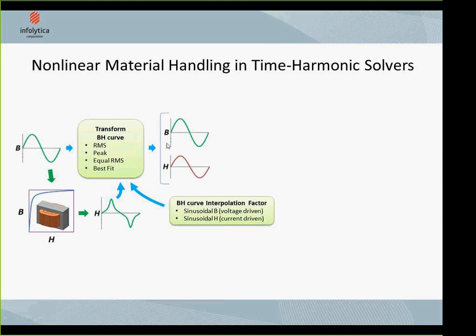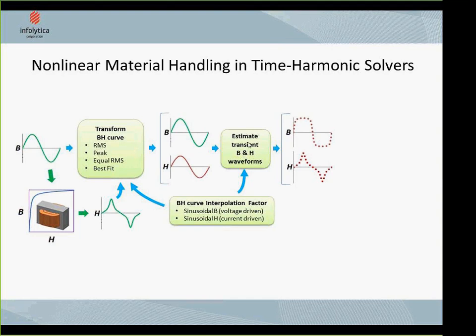Then, because the key point to note is the time harmonic solver is a single frequency solver, it will transform your non-sinusoidal waveform into an equivalent single frequency waveform. So at this point you have 2 waveforms which are single frequencies, and then you can push them into the time harmonic solver. After solving, you transform back into the equivalent transient waveforms.